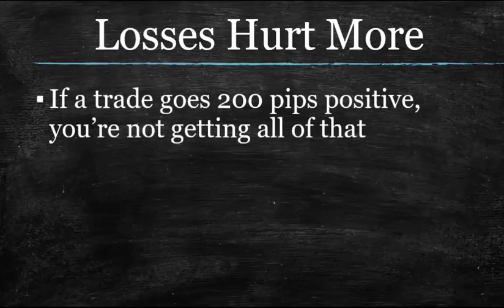Now, if for some reason after you enter a trade, it goes 200 pips in your favor, and that's as far as it goes. When you are back testing or when you're just testing out indicators and you see that, you're like, wow, that's a 200 pip move. I would have made 200 pips. No, you would not have. You wouldn't have even come close.